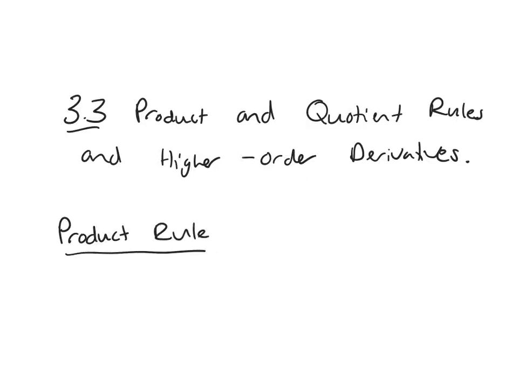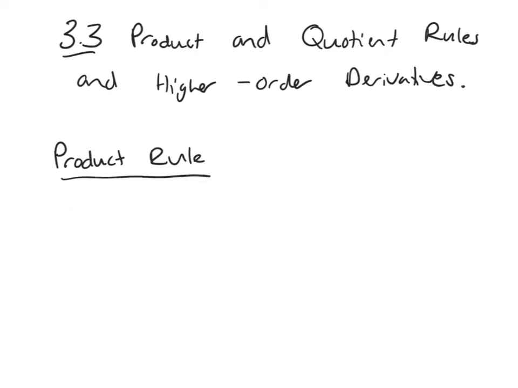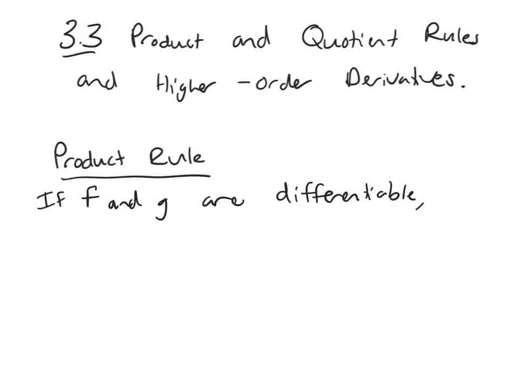The product rule says that if f and g are differentiable, then so is their product, f times g.